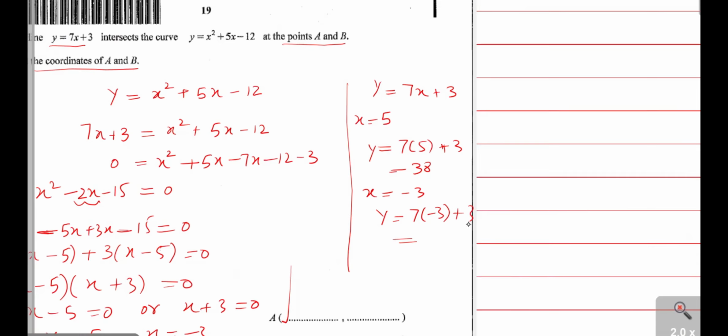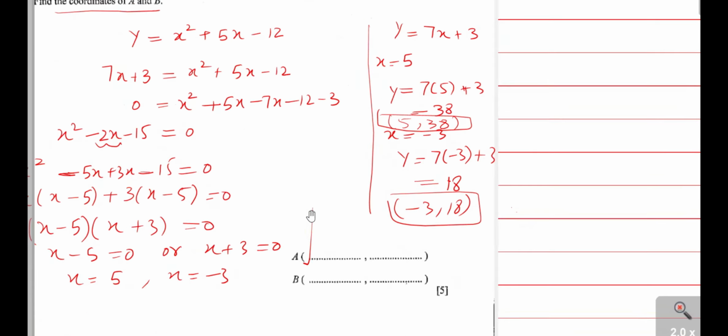This becomes minus 21 plus 3, which is minus 18. The coordinates of these points are (minus 3, minus 18) and (5, 38). These are the coordinates of points A and B. We write here A is (5, 38) and B is (minus 3, minus 18), and this is the answer.